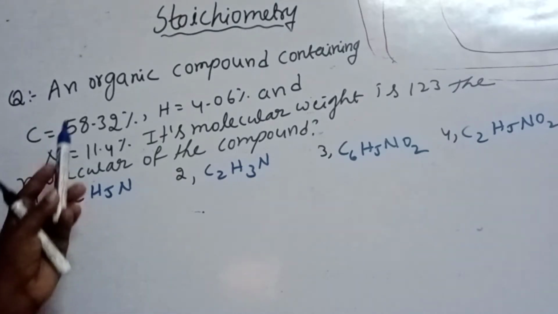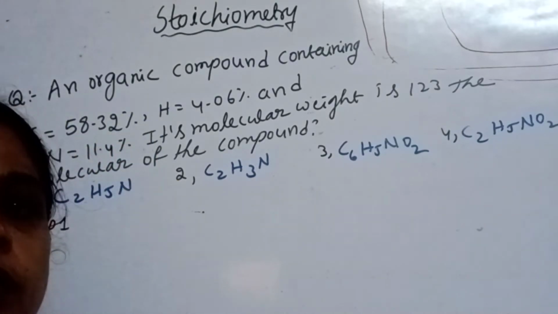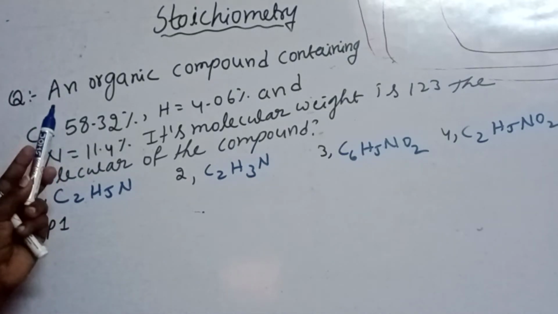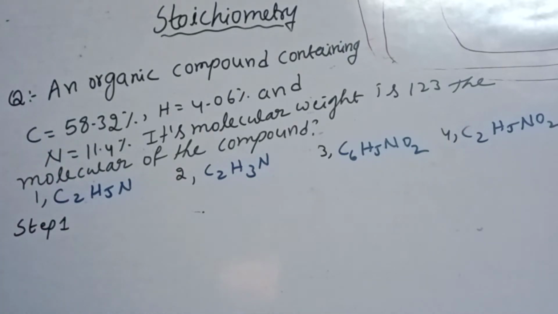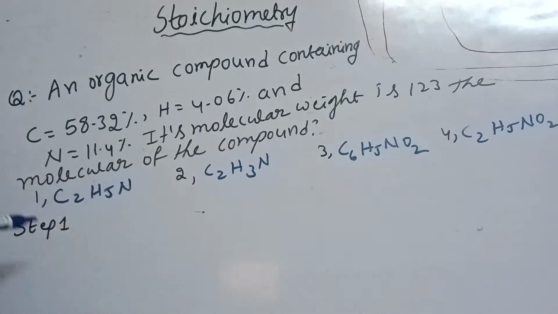So we can do some problems on calculation of empirical formula and molecular formula. See here, what is given? An organic compound containing carbon, hydrogen and nitrogen, with mass percentages given. By using this data we have to calculate the empirical formula and molecular formula.